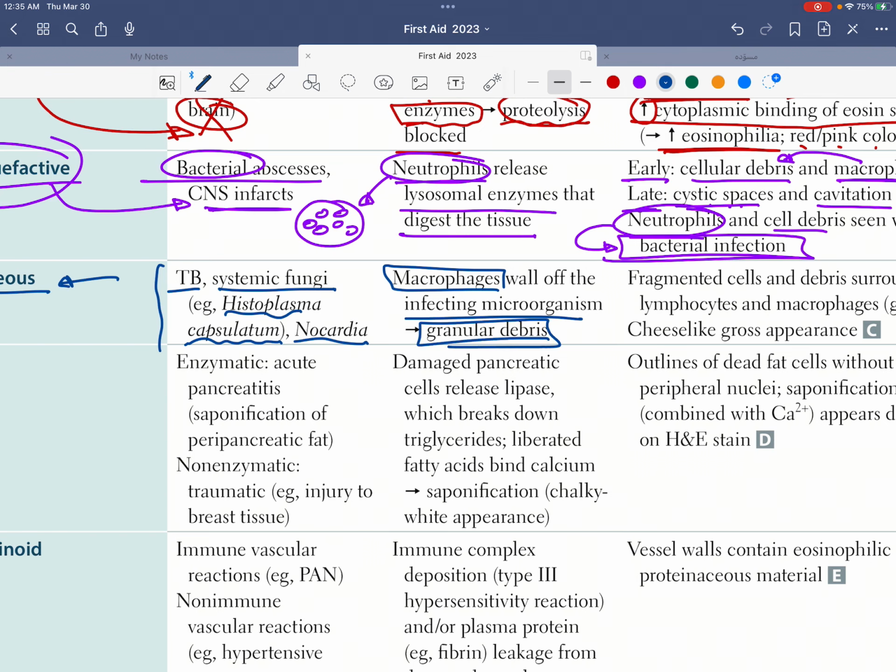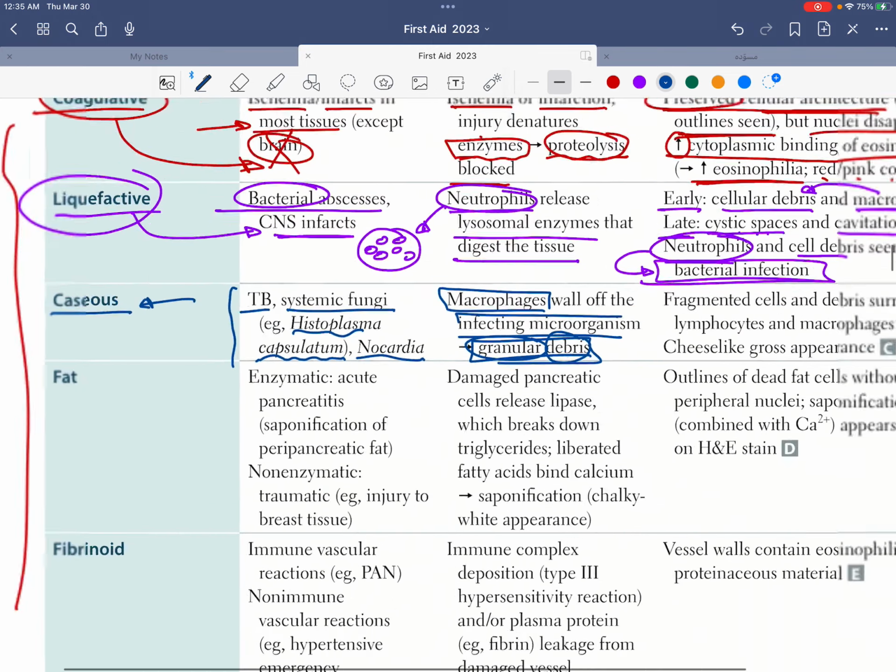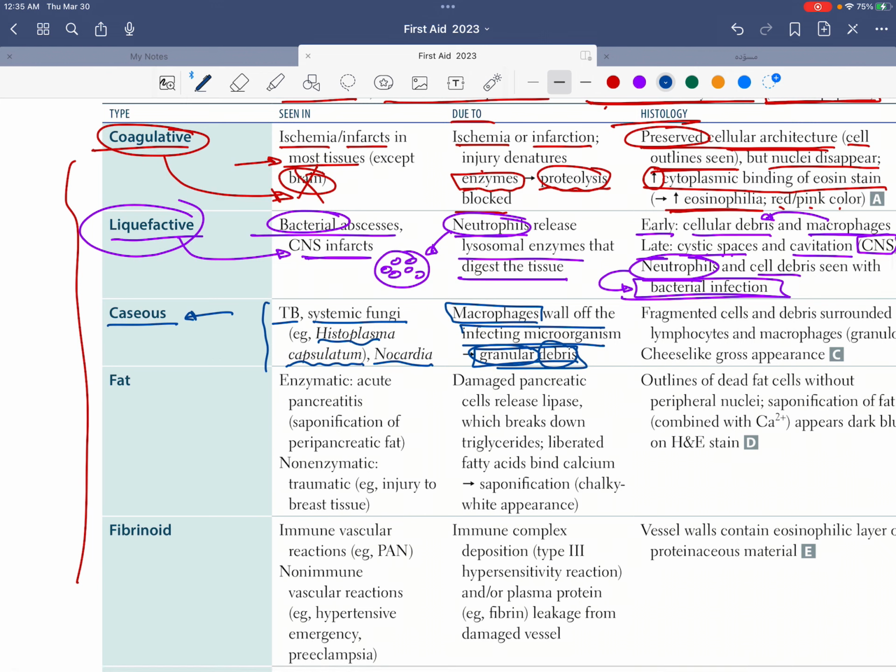Their role in this one is that they surround the infected microorganism, like the fungi, in order not to let that debris or that necrosis go away. Eventually, that would lead to cellular debris, but in granules, contained within specific structures, not going all over the body.